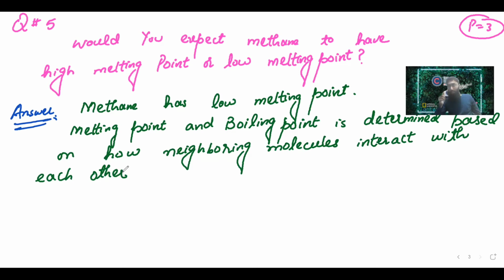But if the interaction between neighboring molecules is not very strong, then we don't need to provide a huge amount of energy. We just provide a lesser amount of energy to overcome this force of attraction, because these forces of attraction are not strong enough, and this indicates that such a substance has low melting point.